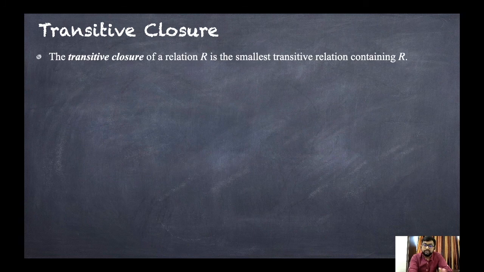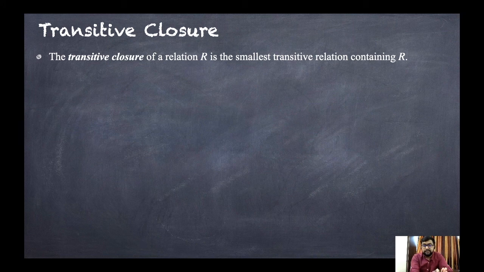Now we know what a transitive relation is. Here we are going to study what a transitive closure is. First, the transitive closure of a relation capital R. What do we mean by a relation? It is a subset of the Cartesian product of the given sets. The transitive closure of a relation capital R is the smallest transitive relation containing R. What is a transitive relation?